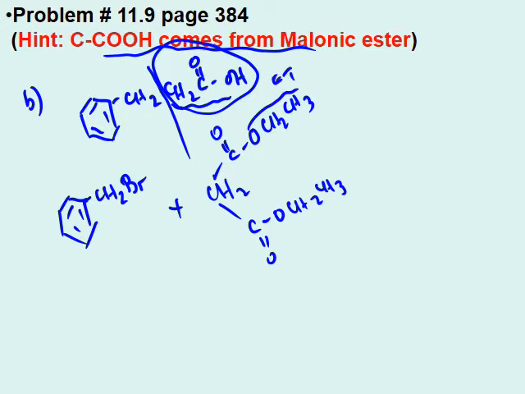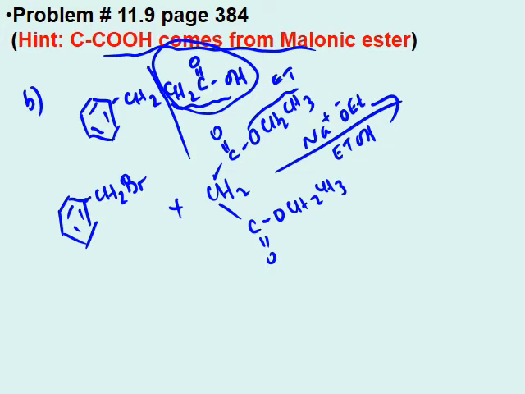So in the presence of sodium ethoxide, now I'm going to write it as NaOEt, which is easier to write, and ethanol, EtOH, as solvent. You already know the mechanism.